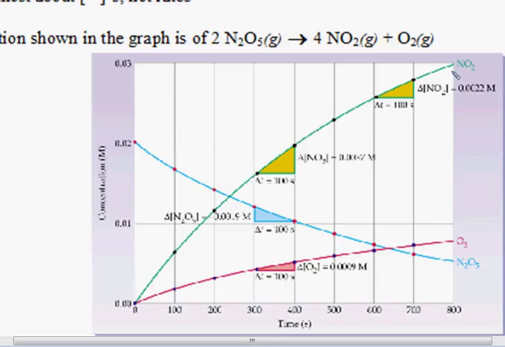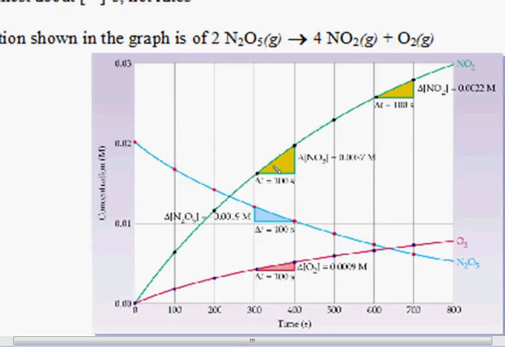Again, notice that that happens to be a product, and so we can see that our curve is in fact increasing. We also have this bluish curve going down. That is our reactant, and that's our dinitrogen pentaoxide decreasing as it is reacting. And then finally we have oxygen, and oxygen is also increasing because it's another product.